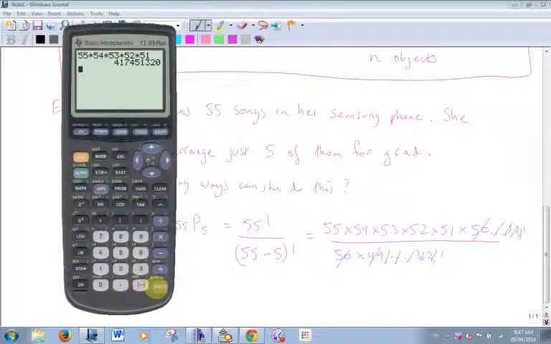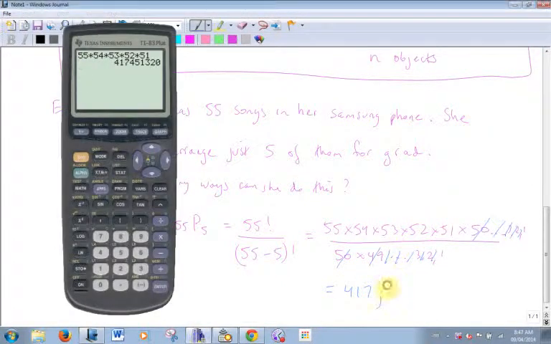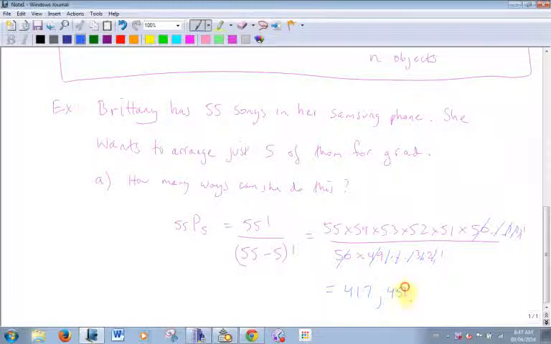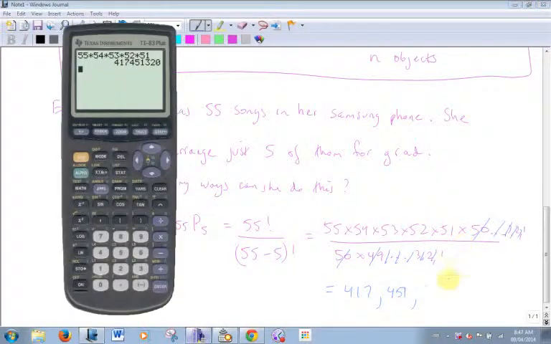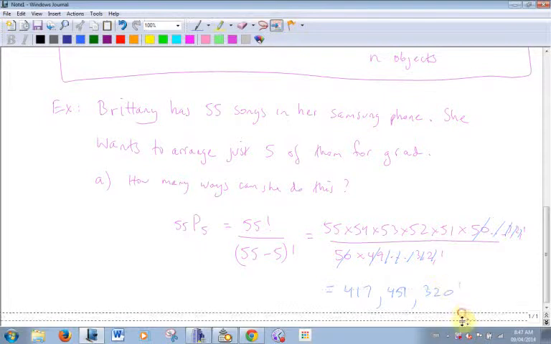Perhaps you would never complete it. 1, 2, 3, 4, 5, 417,451,320 choices. That's how many ways it is possible to choose 5 songs on her Samsung phone if she only has 55. What if she had 300? Yeah, I don't even know if the calculator goes that big. Well, yes, it does. Okay?